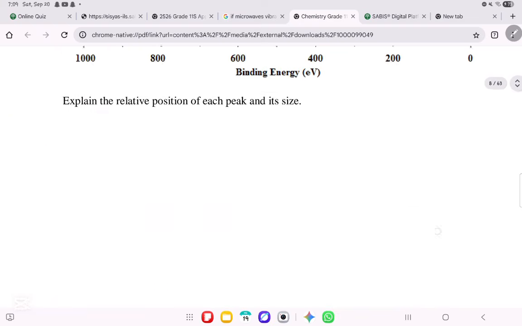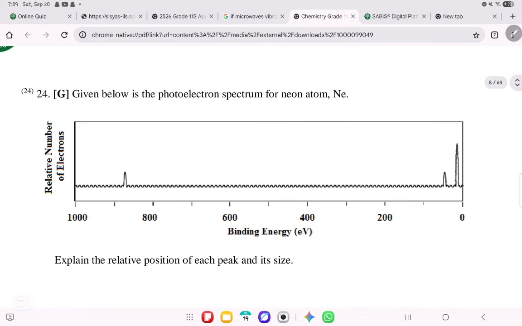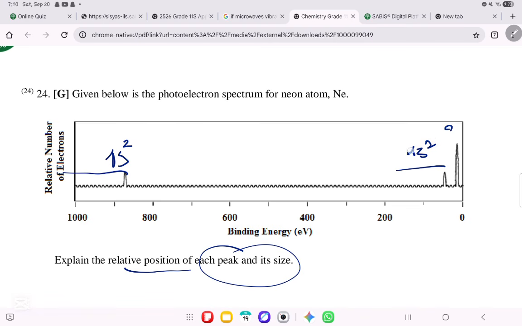Given below is the photoelectron spectrum for neon. Okay, what does it say? It says, explain the relative position of each peak and its size. This peak is 1s2. This is 2s2, 2p6. Now, the size, or the height of the peak, will determine both the sub-level and the number of electrons.